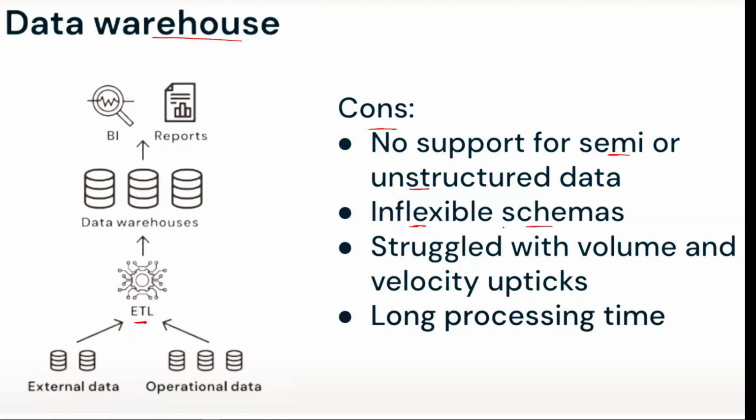Inflexible schemas: if we are dealing with flexible schemas, we cannot work with a data warehouse, and it can struggle with volume and velocity upticks. When we have a large amount of data, this process gets very slow to analyze and takes a lot of time to perform. Long processing time compared to other processes, so it is time consuming to analyze the data.